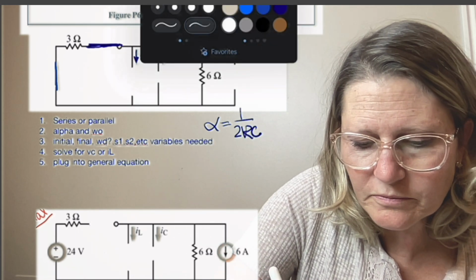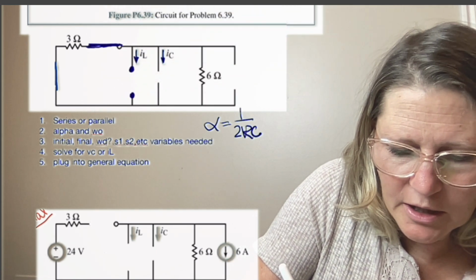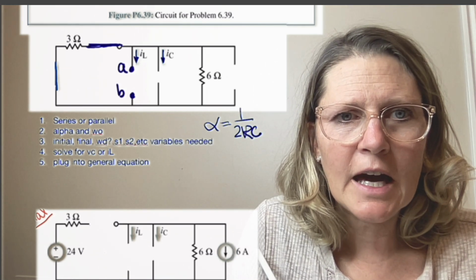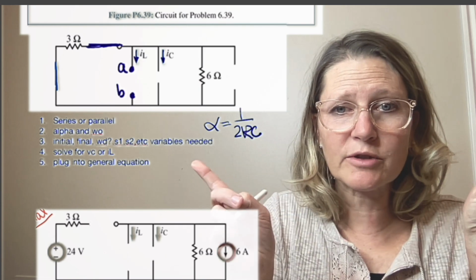A and B is going to be here, A to B. Looking at that, if you go up from A, it splits and goes in two different directions.